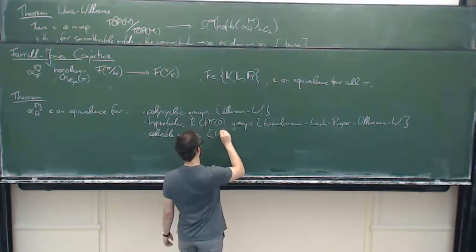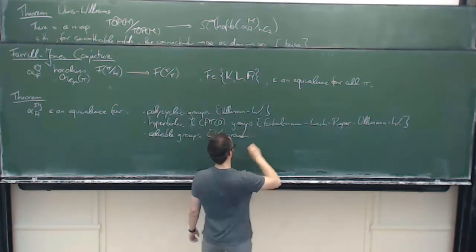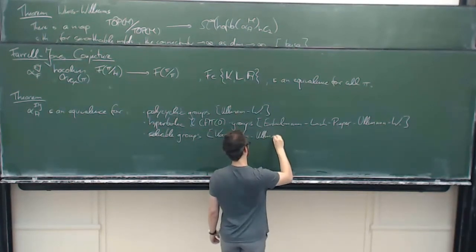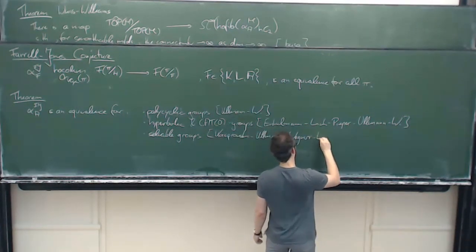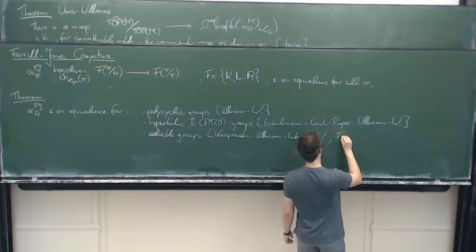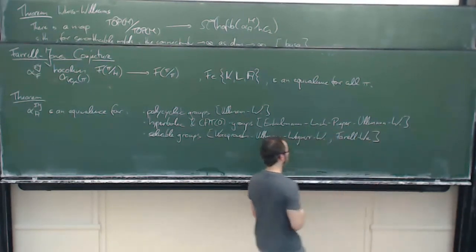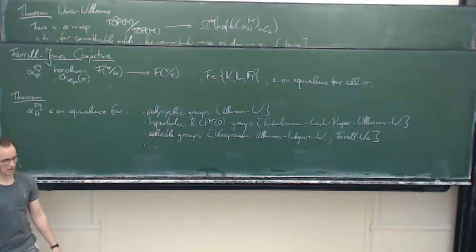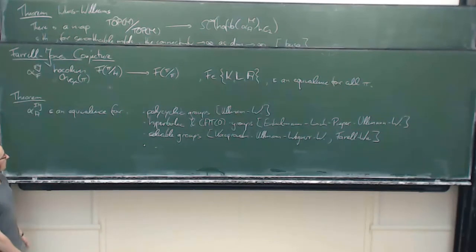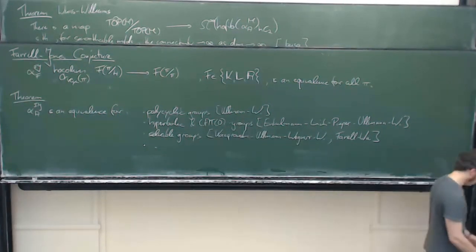So this was done by Daniel Kasprowski, Ullmann, Wegner, myself, and also independently by Farrell and Wu. And again, there's a number of inheritance properties that allows you to deduce this sort of theorem for more groups than just these that are on the blackboard.